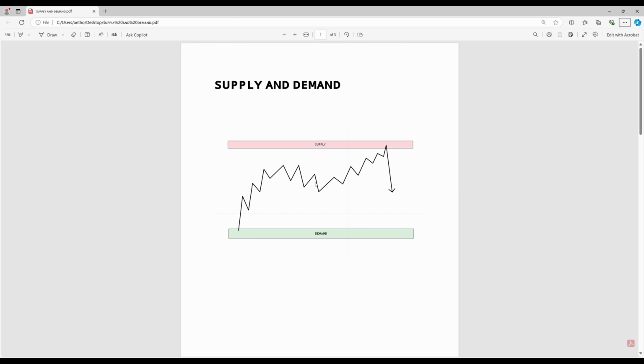Price is going to do its thing. Same thing when it reaches up. When you have a strong movement to the downside, we're going to say the exact same thing. Okay, this could be a potential good supply zone. One strong singular bearish candle or some consecutive candles pushing to the downside.